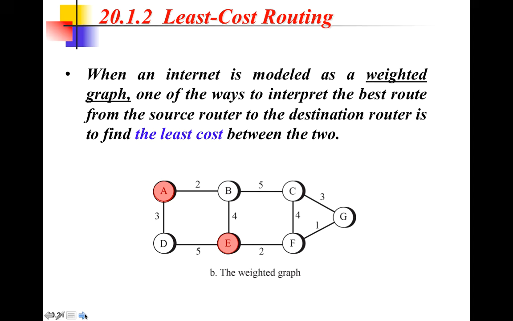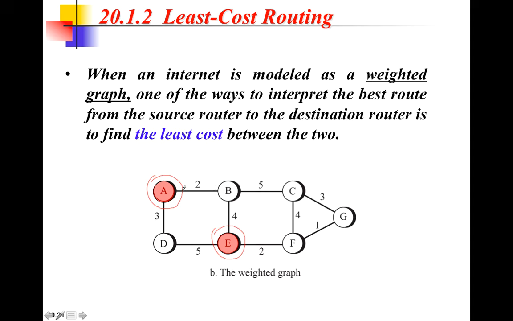Now in least cost routing, the aim is to find the least cost between the source router and the destination router. Here we have A, which is the source, and E is the destination.